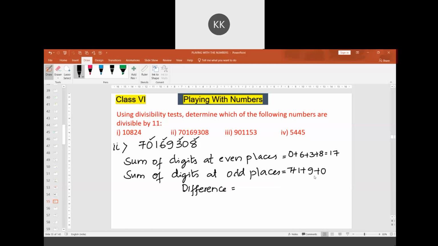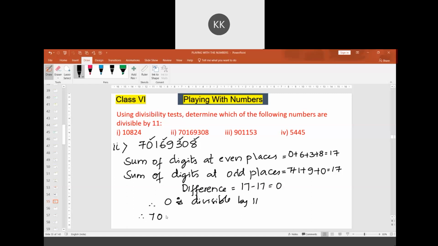So these are the digits at odd places: 7 plus 1 plus 9 plus 0. What is the sum? It is again 17. Here the difference is 17 minus 17, which is 0. Therefore, 0 is divisible by 11.